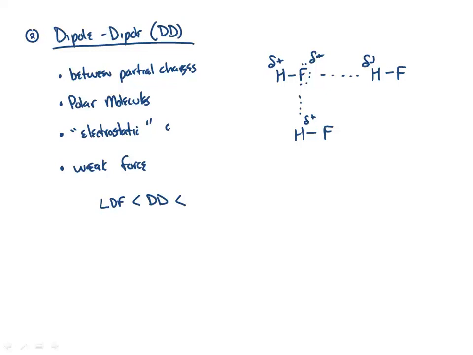Electrostatic simply means opposites attract. And I guess I should also put out that it's proportional to the size of the dipoles. We don't worry about that so much in this class simply because we can't calculate them.